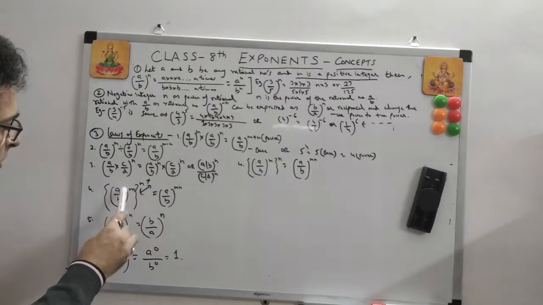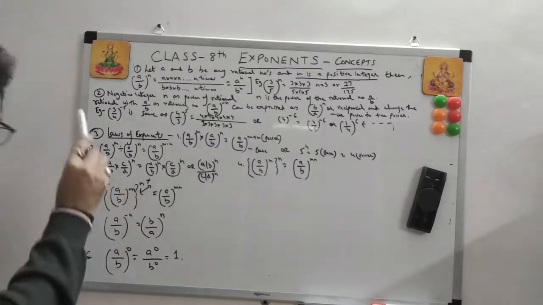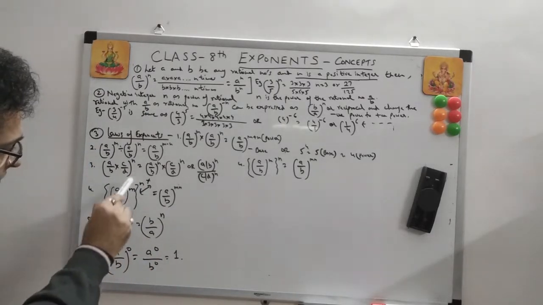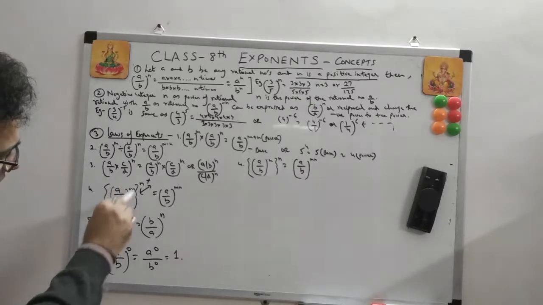So basically, a upon b is not to the power of n, but the whole is to the power of n.